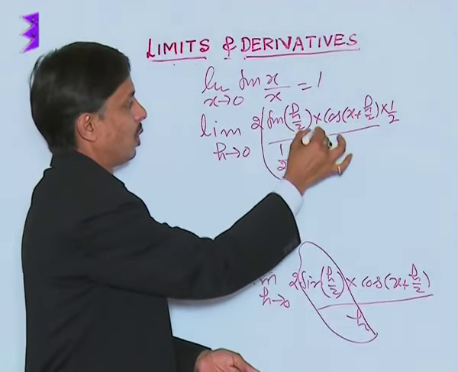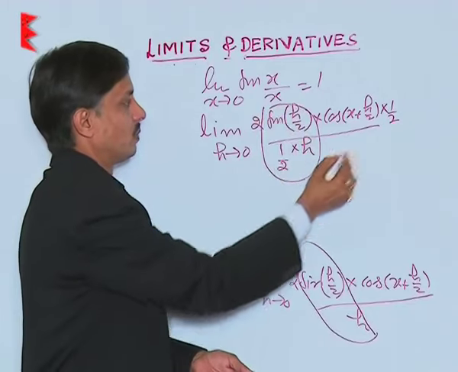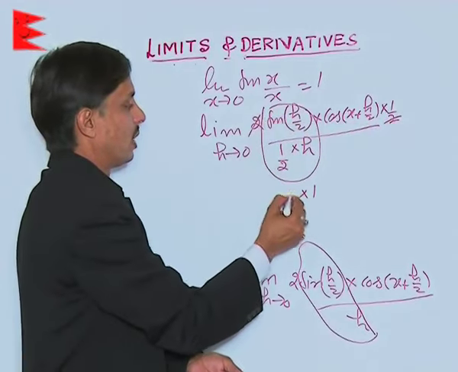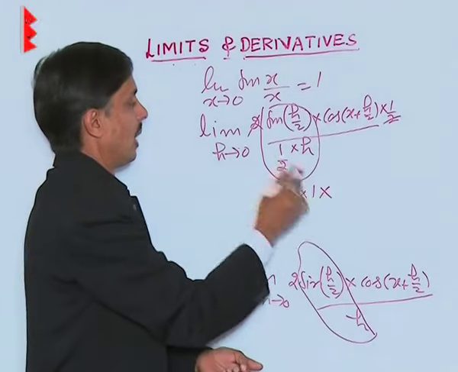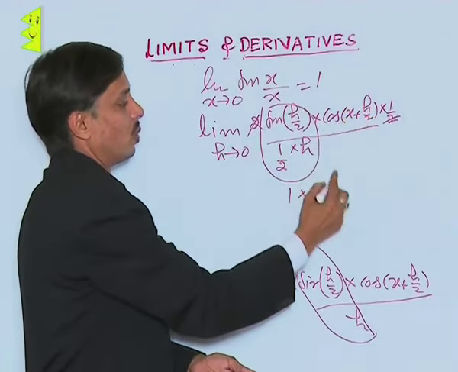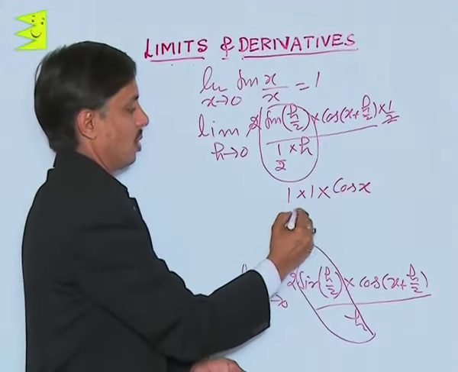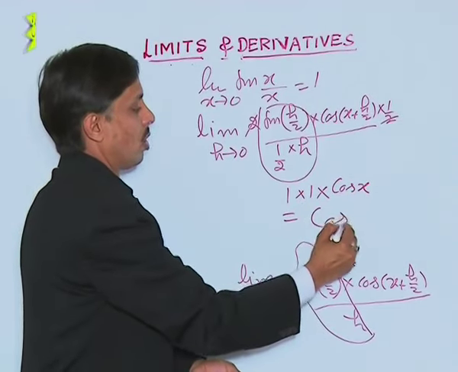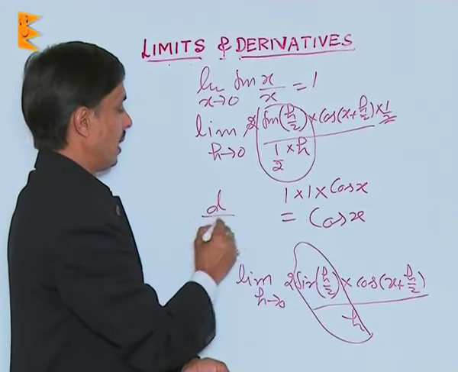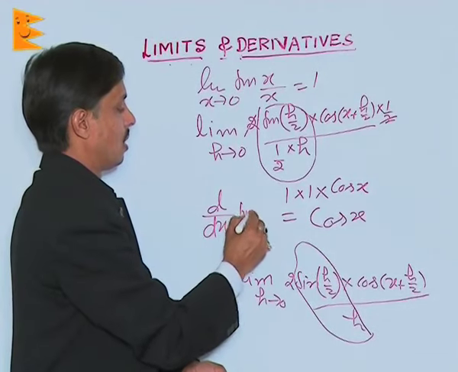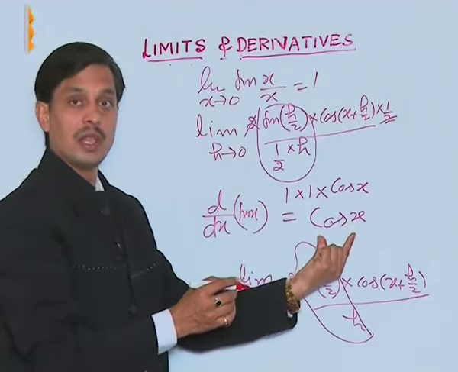So sin(h/2) upon h/2 becomes 1. This 2 and this 2 get cancelled, become 1, and if I put h as 0, this becomes cos x. So the net result of the derivative of sin x by the first principle is cos x.